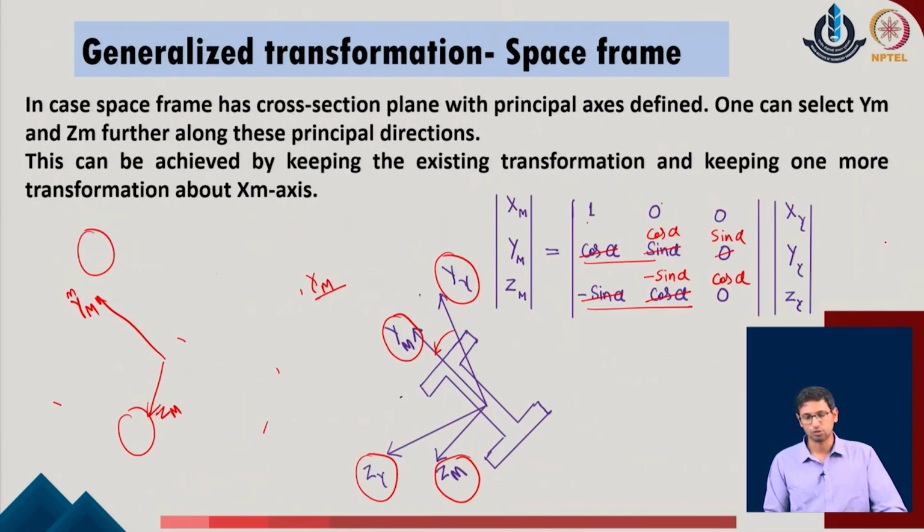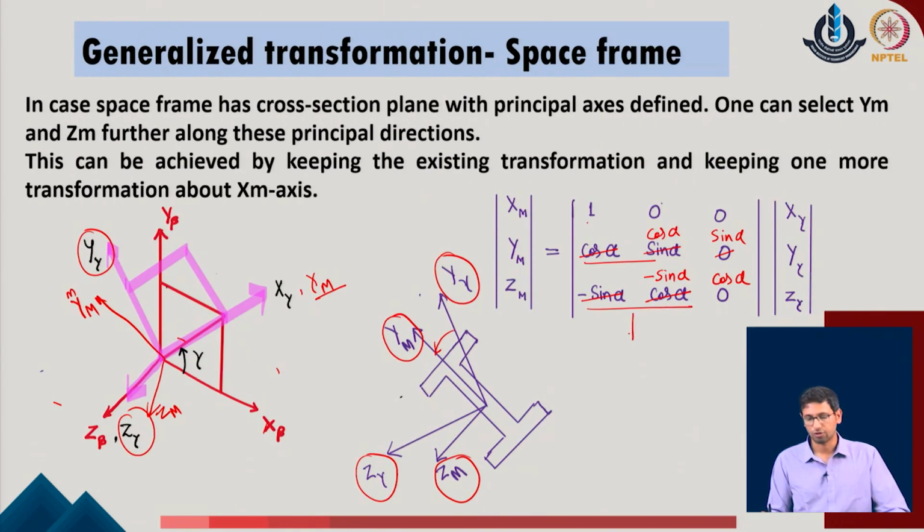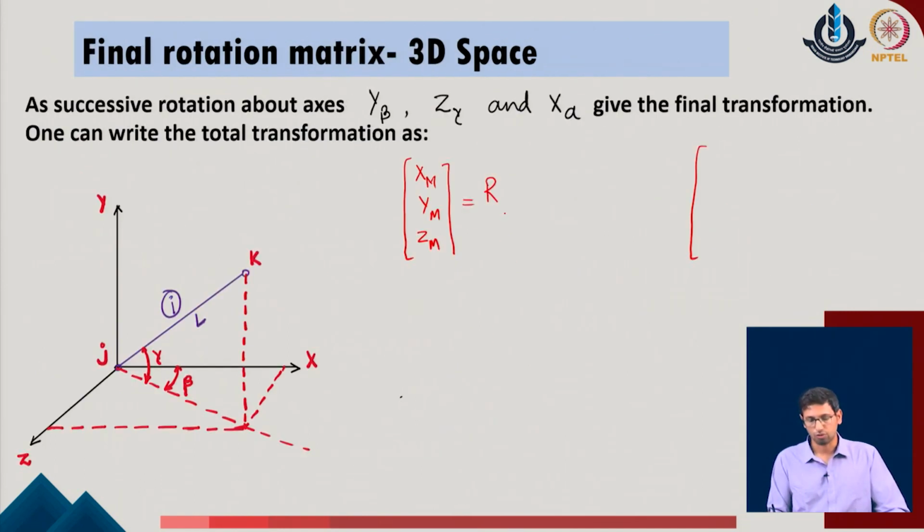If I just go back in a similar order, I write that x of m is defined with respect to the last orientation. So, I call it R of alpha as an orientation in the system. So, R alpha into x of gamma, y of gamma and z of gamma, this is the last transformation.